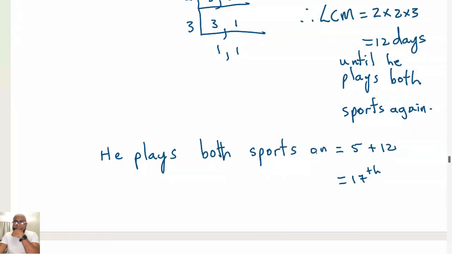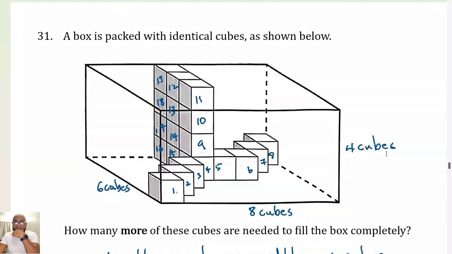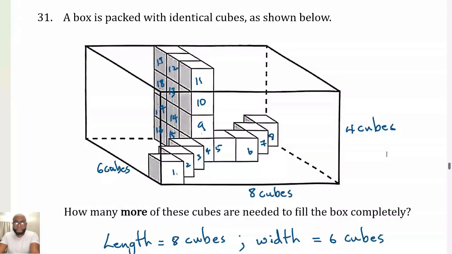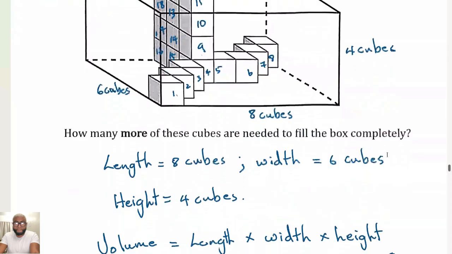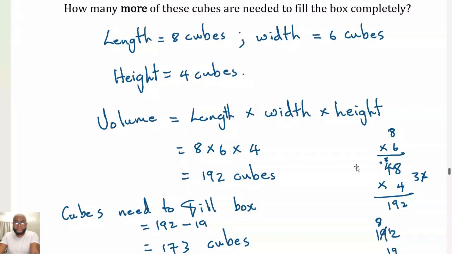So he plays both sports on, well, it was on the 5th. So 5 plus 12 will be 17 to play both again. This question here, this would have been the visual on the workings, well, the writings that I had on the question itself. And down here, we proceeded to find the answer.